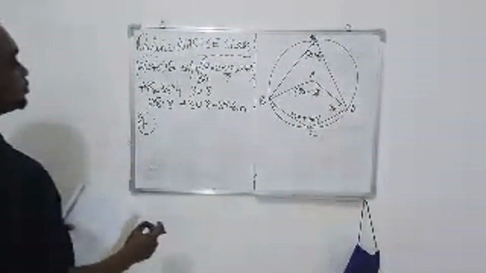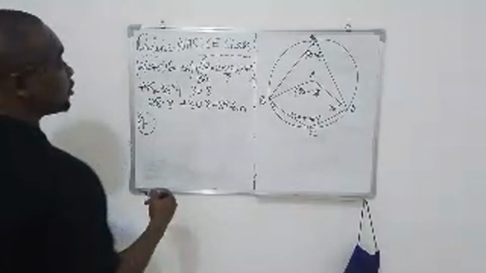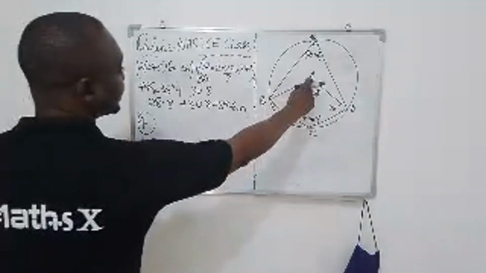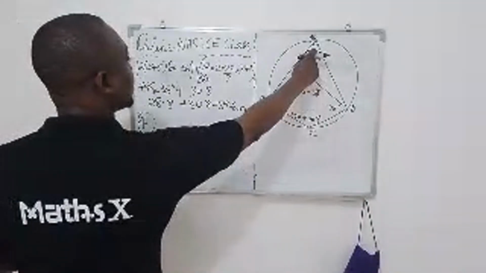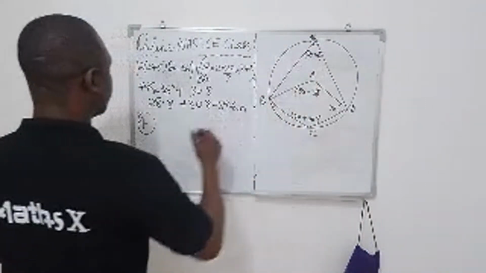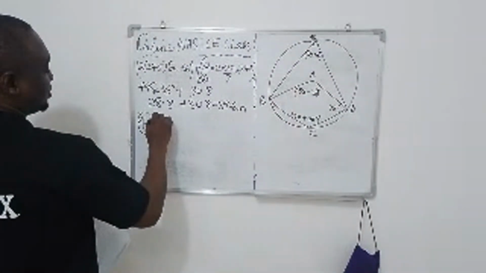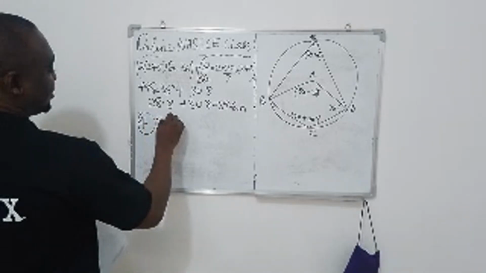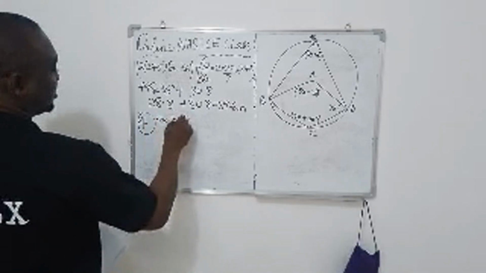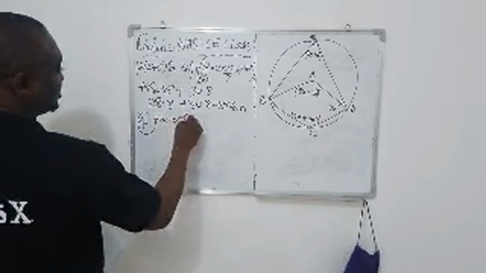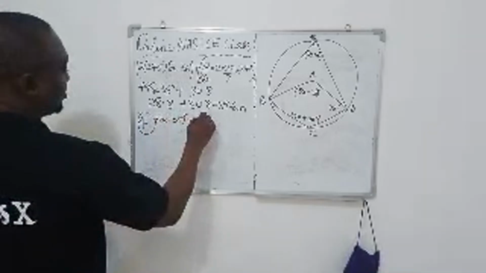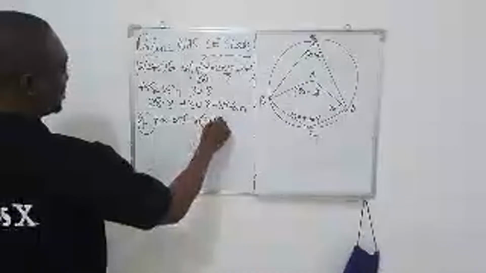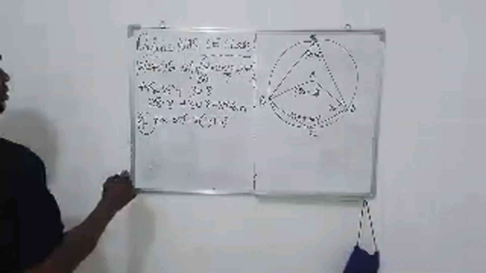First of all, there is a theorem that says that the angle at the center is twice the angle at the circumference. So first of all, we have it that 5x minus 35 degrees is equal to 2 bracket 2y plus 10 degrees.